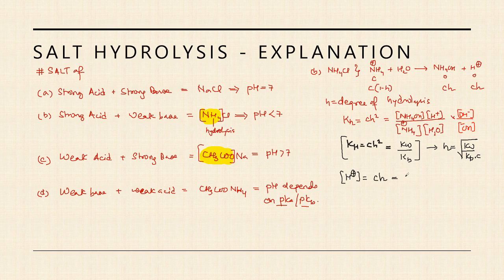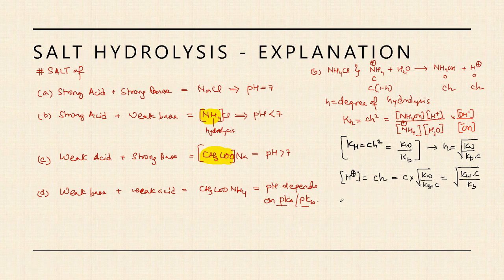Okay, so I'll write C times root over Kw upon Kb times C, which will give me root over Kw times C upon Kb.